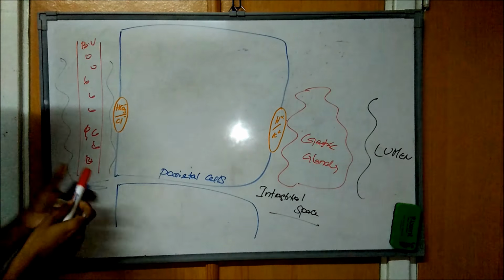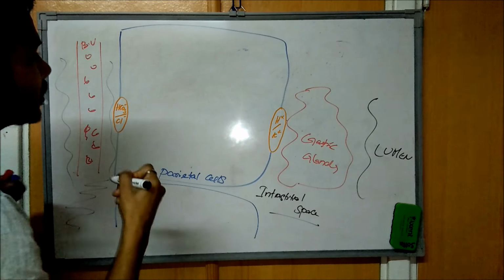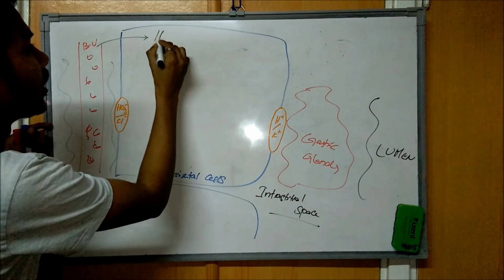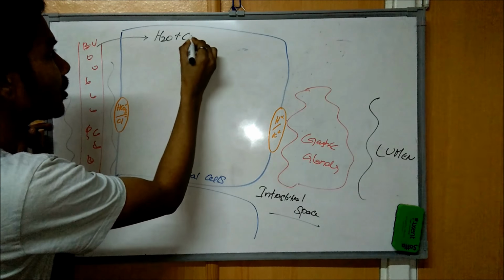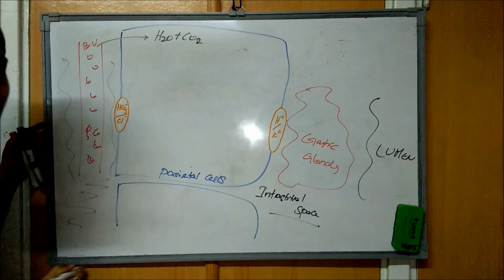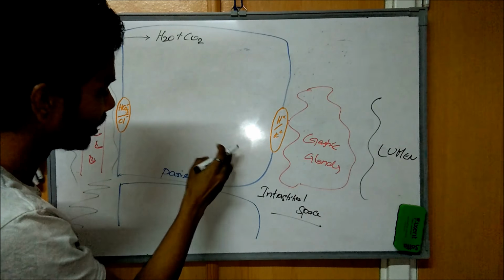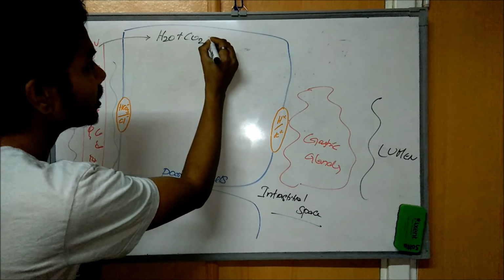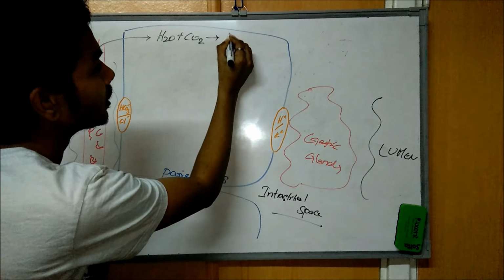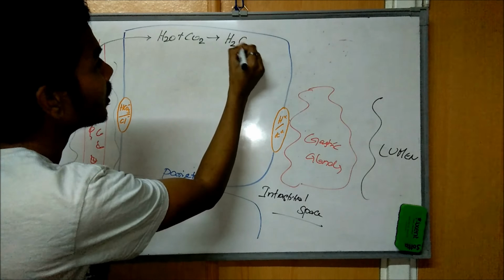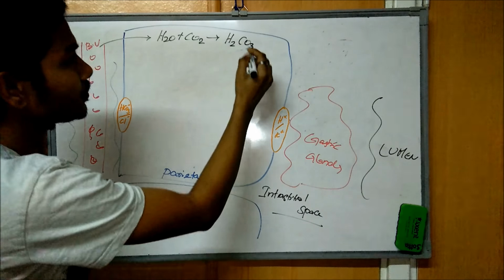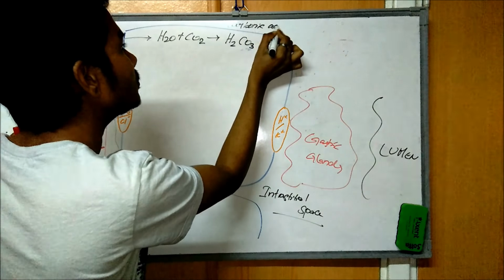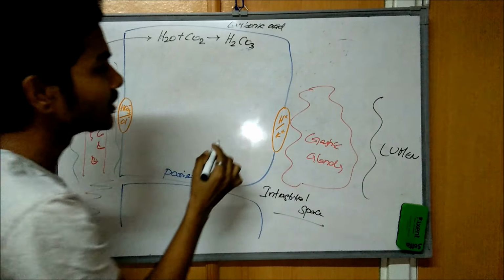So through the blood vessel, H2O and carbon dioxide, water and carbon dioxide, will enter into the parietal cells. In the parietal cells, these two components will join and form carbonic acid.